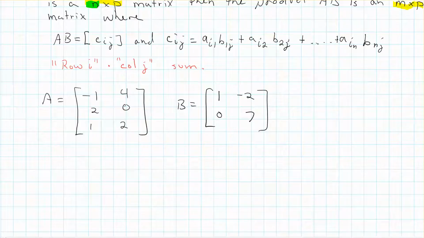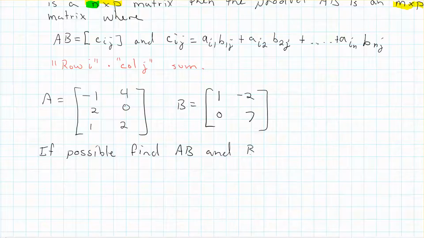Now, first off, we're going to, if possible, find A times B and B times A, because it's not always defined.